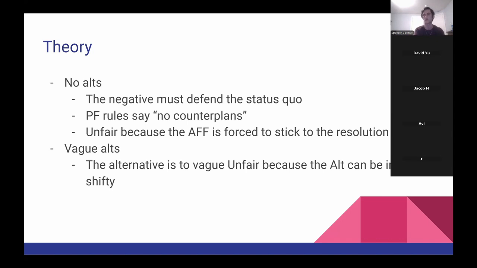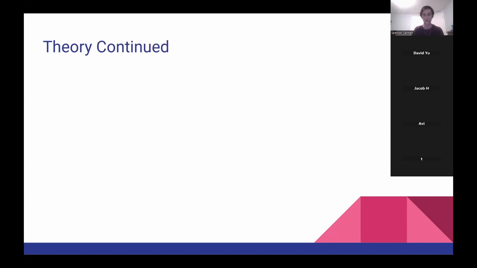If you were to read an alternative on the cap K which is like to imagine anti-capitalist resistance, or something like that, which is really vague in terms of what that actually means materially or what you're actually doing, then that's pretty unfair because the negative can just stand up in summary and be like, psych, all of your response and rebuttal didn't actually apply because that's not what the alternative is, and constantly shift it. So vague alt is a way to check back against that.